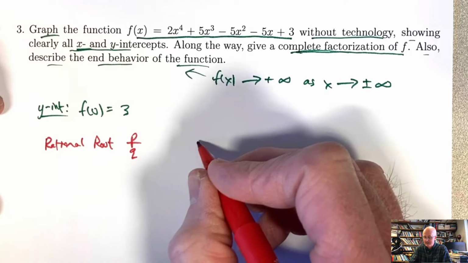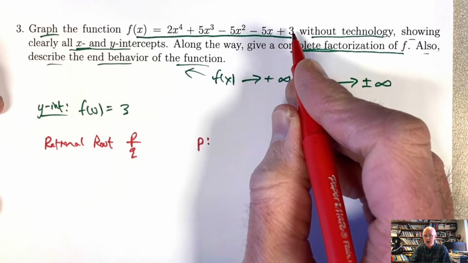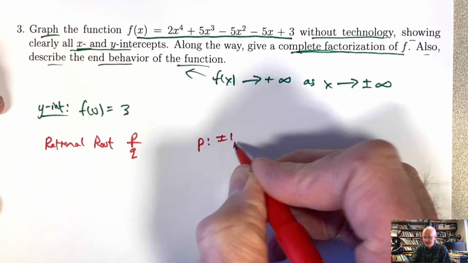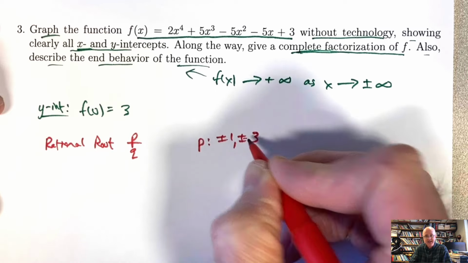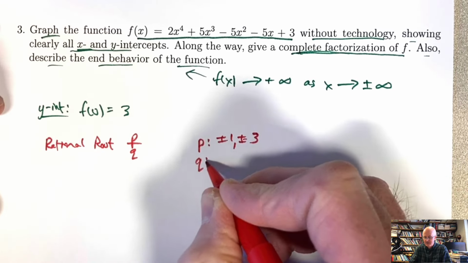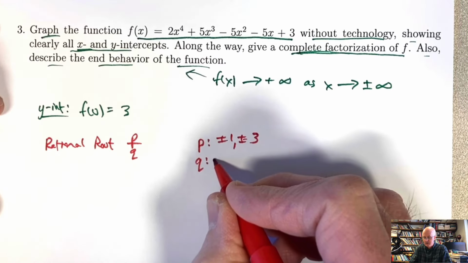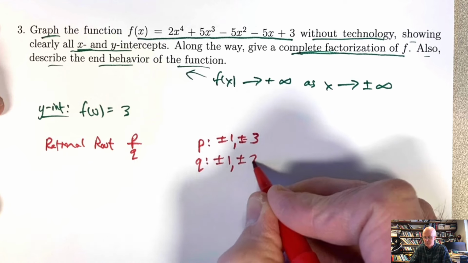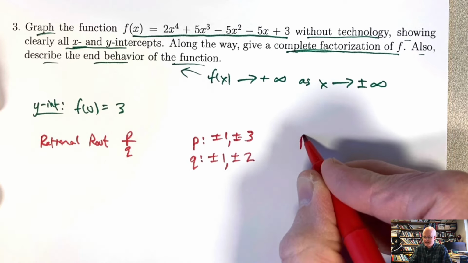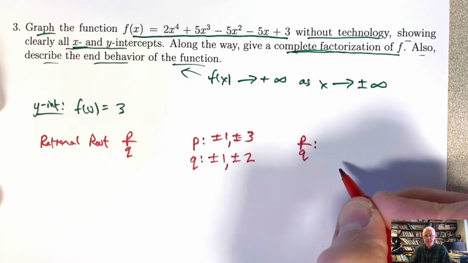So the possibilities for p are plus or minus 1 and plus or minus 3. The possibilities for q, the denominator, are, again, the divisors of 2, plus or minus 1 and plus or minus 2. What are all the possibilities for the fractions that you can make from these numbers?